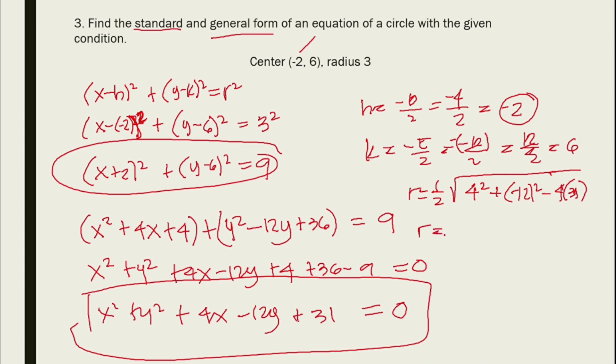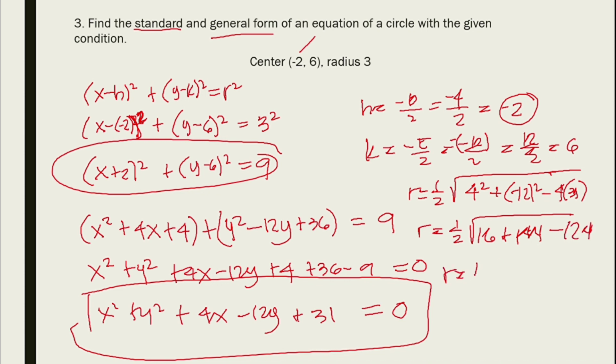So r is equal to 1/2 the square root of 16 plus 144 minus 4 times 31, which is 124.